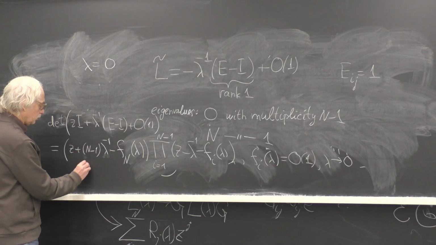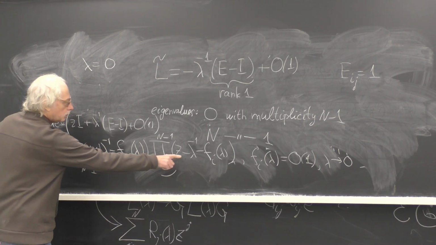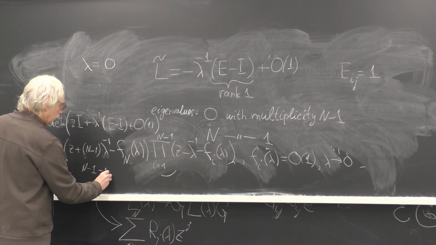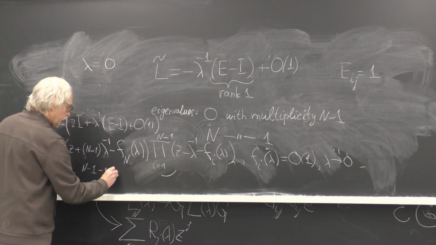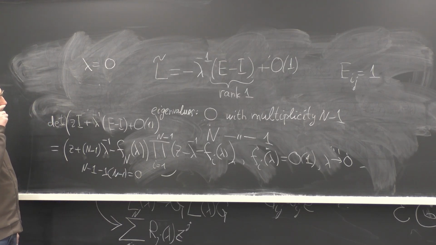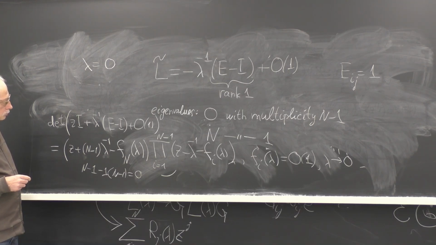n minus 1 here minus 1 times n minus 1. So this is 0. I've obtained that there are n minus 1 eigenvalues with the value minus 1 and 1 eigenvalue with value n minus 1.